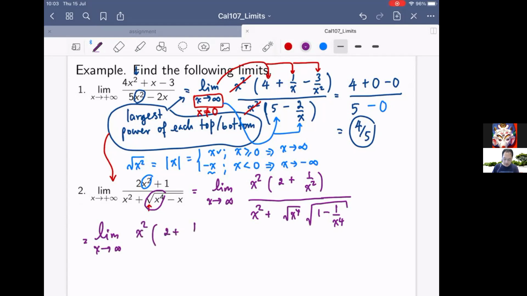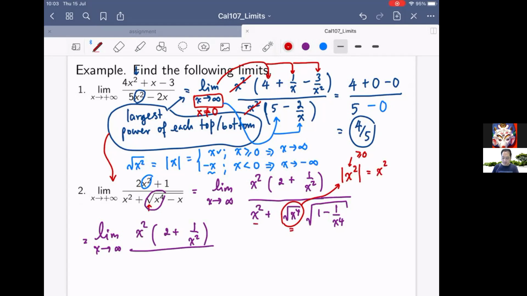Here 2x squared, and then this one, actually upon the square root, it should be x squared with the absolute value, right? But because your x squared is always non-negative, this one becomes just x squared itself, okay?